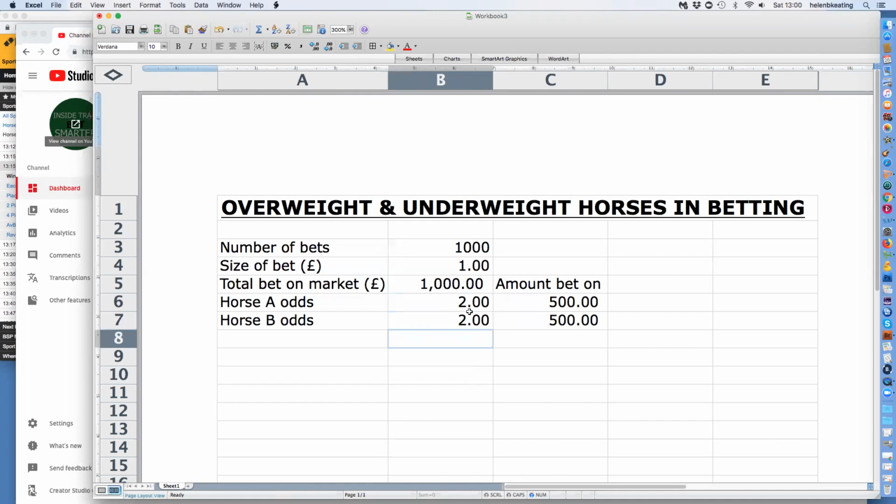So again, if we saw a two-horse race where both horses had exactly the same chance of winning, maybe they've run against each other a couple of times, or everybody thinks the odds are evens, then again, we would expect, in a marketplace with a total of £1,000 bet on the market, £500 to be bet on horse A and £500 to be bet on horse B. That's very straightforward, yes?